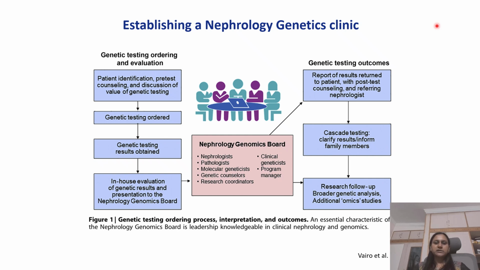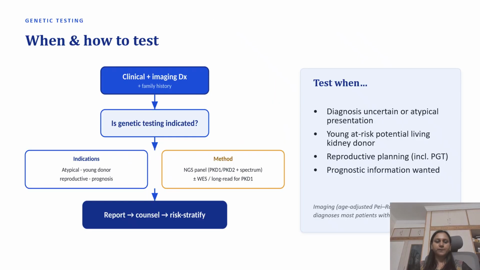Then the report of the results is returned to the patient with post-test counseling, and cascade testing is also considered in the family members. You can also save the patient's blood, with the permission of the patient, for research, follow-up, broader genetic analysis or omics studies.